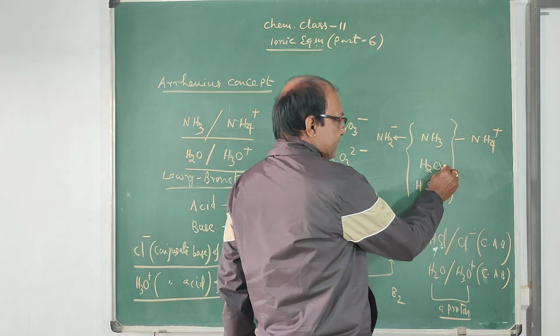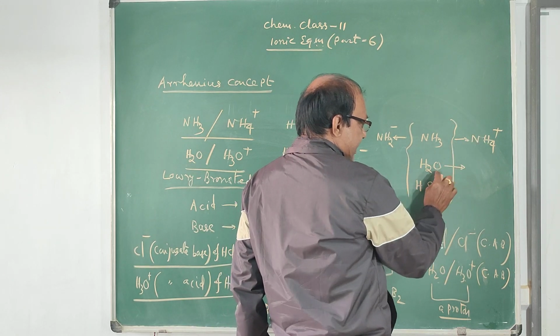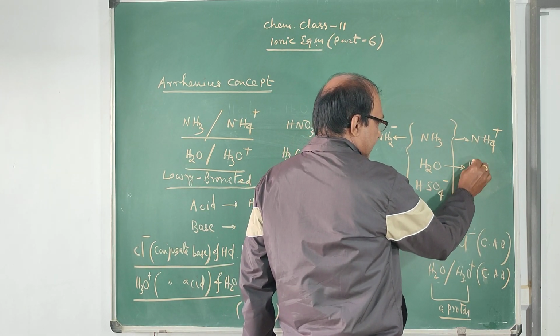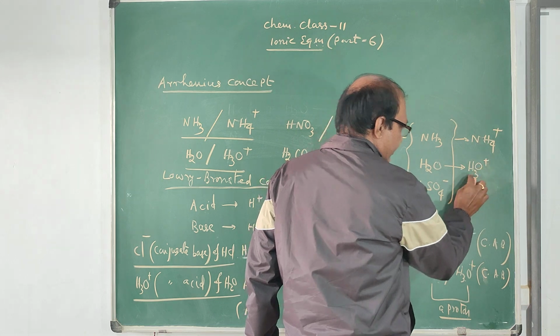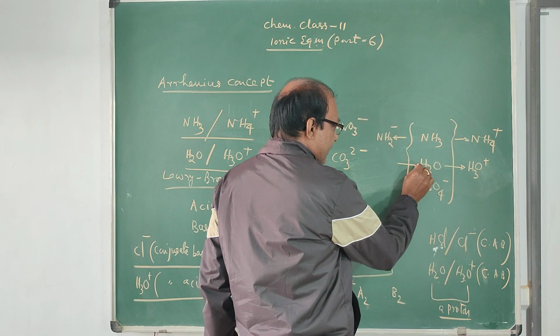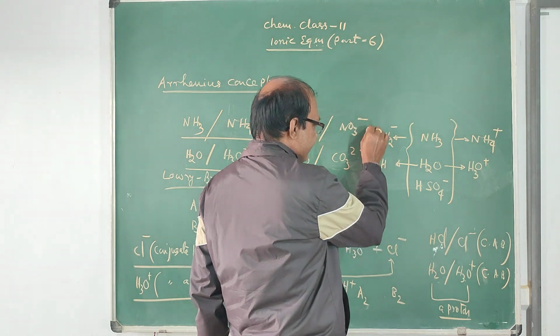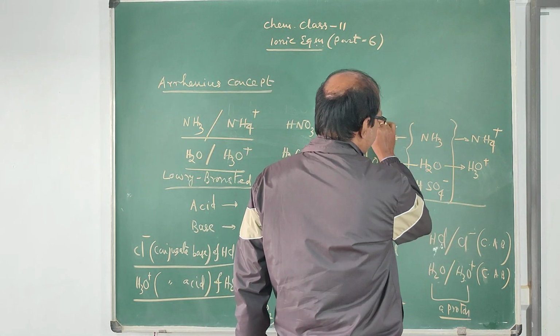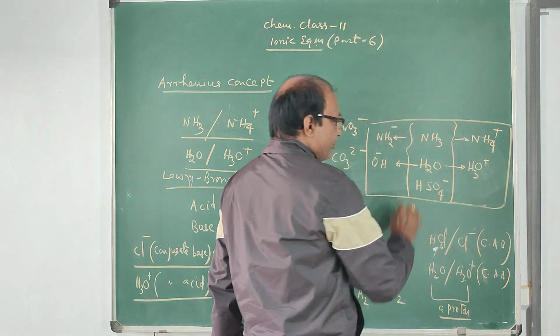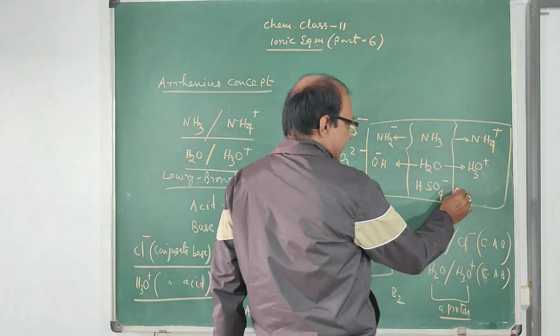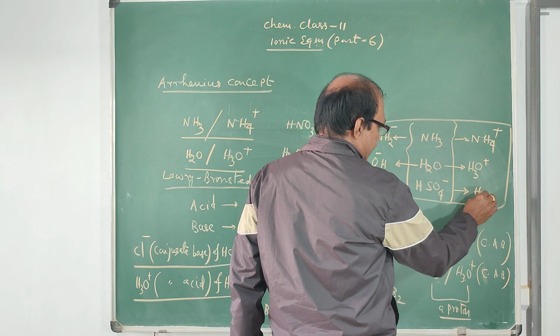Water, if you consider it as a base, then its conjugate acid will be H3O plus. If you consider water as an acid, then its conjugate base will be OH minus. Look at this table. HSO4 minus to H2SO4.